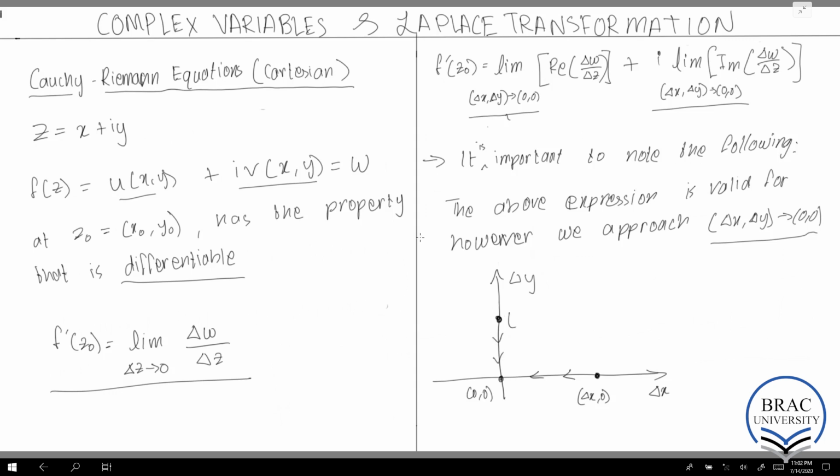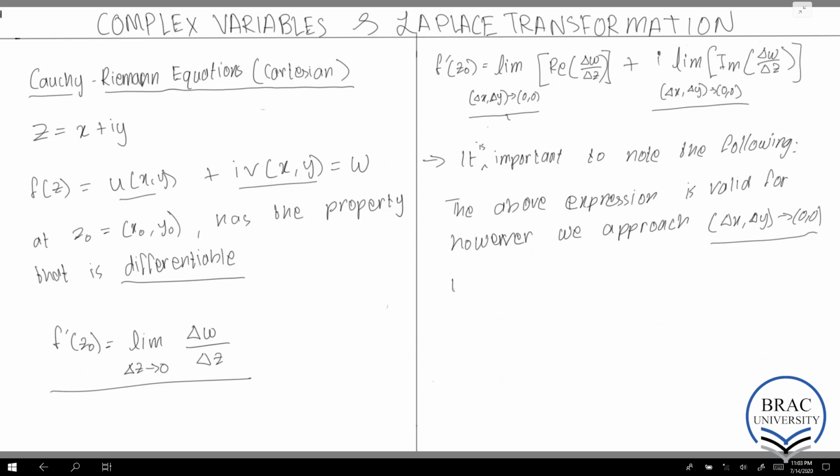Here we fix delta x to be 0, and we have delta y, since on the vertical axis the horizontal component delta x is 0. So first we fix delta y, or in other terms, we approach 0, 0 horizontally.